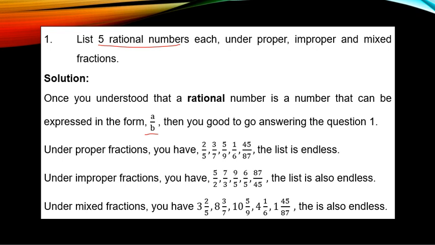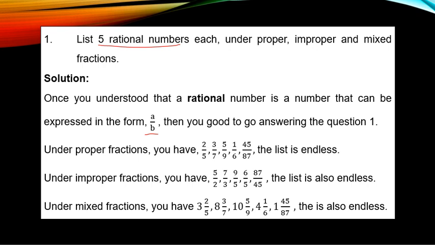Of course, A over B is a fraction. So once you have this mindset that any number that can be expressed as A over B is a rational number where B must not be equal to 0, then you are good to go answering question 1.